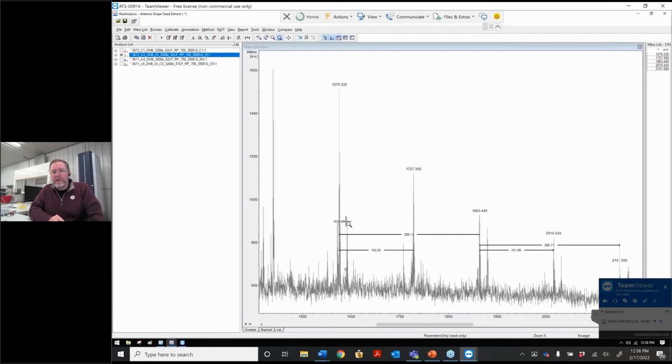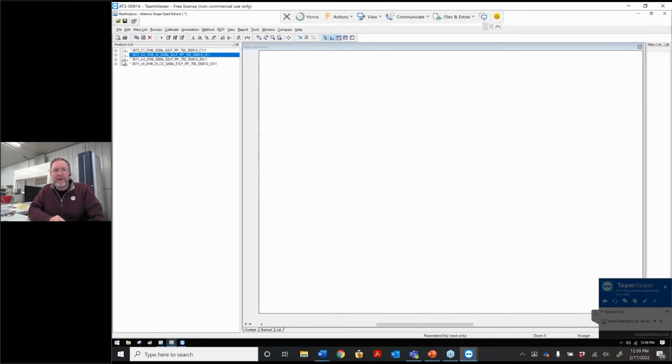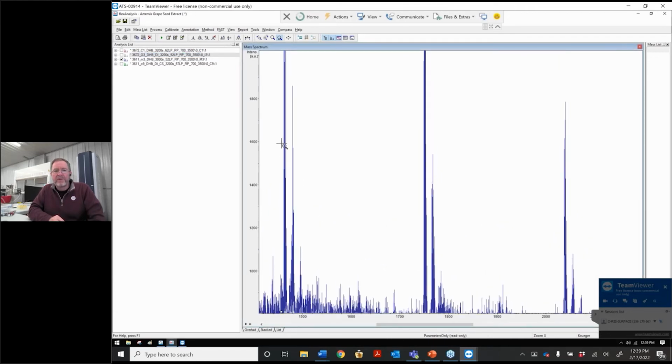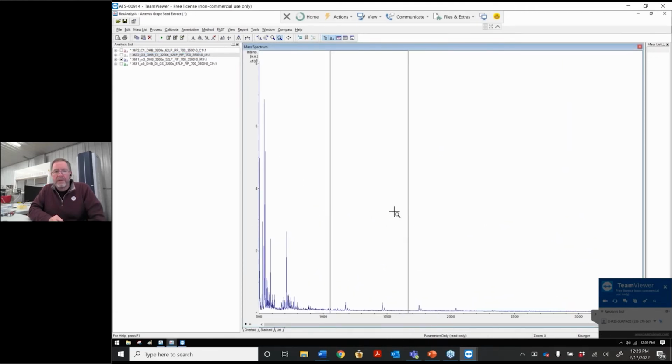But what we know now is that if there's a 16 mass unit difference between this position and this position, that can only be due to an extra hydroxyl substitution. So in the case of grape seed extract, we know there is variability in hydroxyl substitutions on the proanthocyanidin ring structure. I'm very quickly going to give just one demonstration of cranberry, in which we see that 16 mass unit difference occurring.